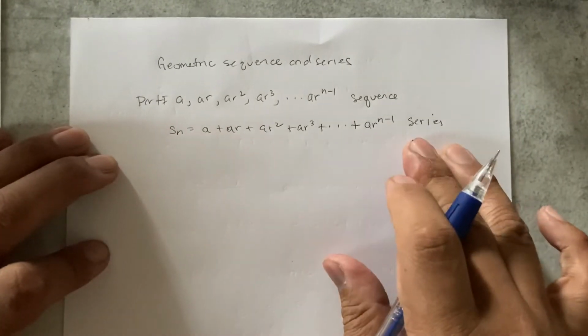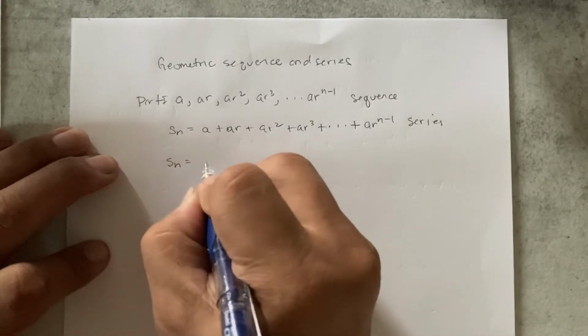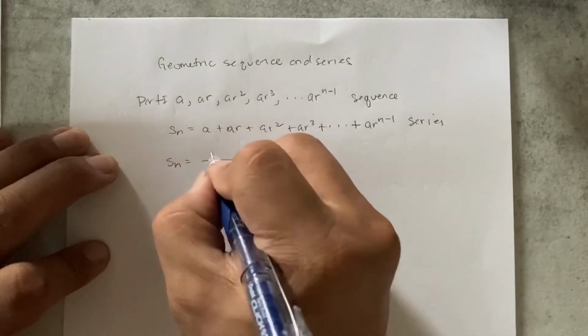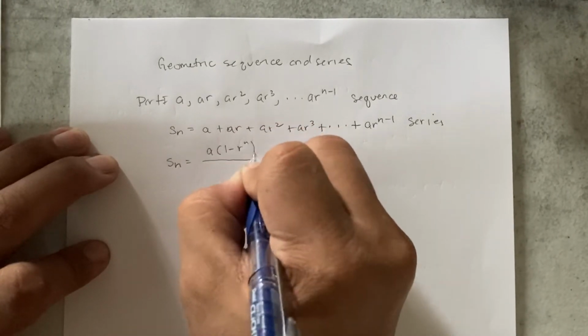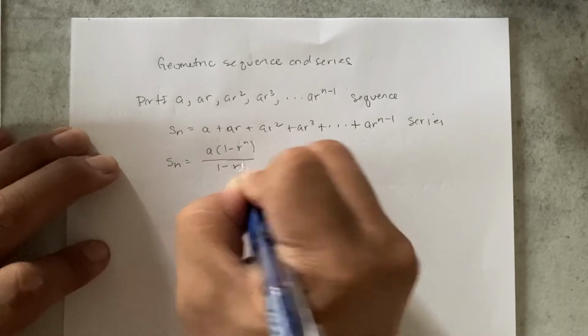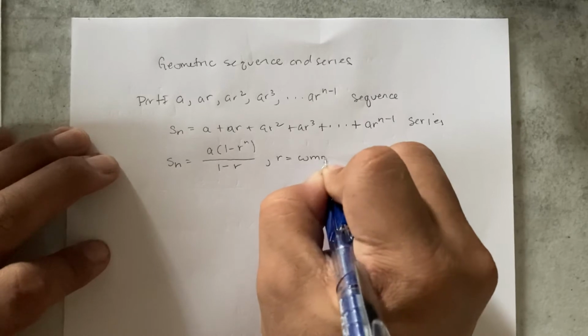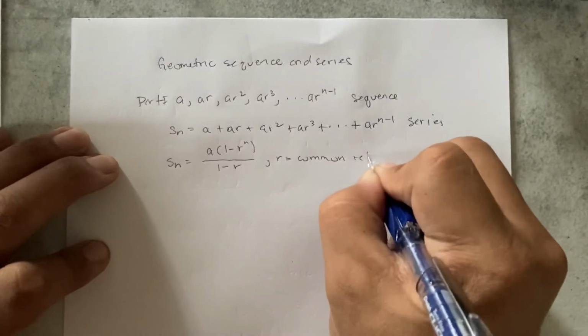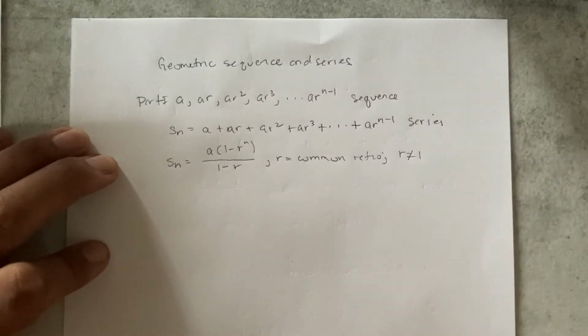We found that, and we said when we derived it in part 1, I'm not going to derive it here, that it has a rule: a times r to the n over 1 minus r, where r equals the common ratio, and r is not equal to 1.